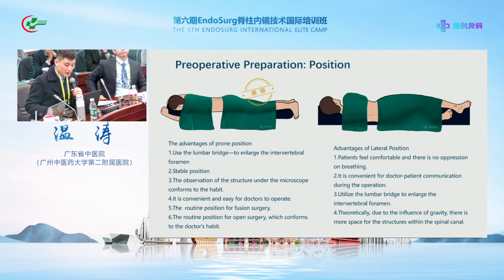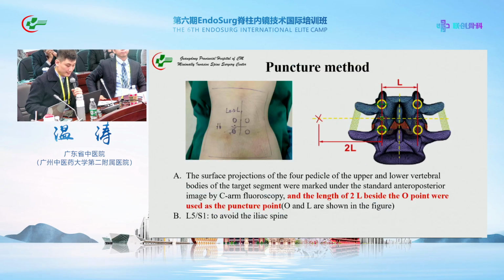This is before the surgery. We will take the X-ray and draw the surface projection on the patient. The four rounds here are the pedicle projections, and we draw a line.